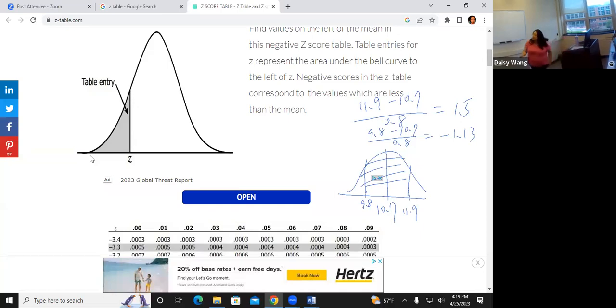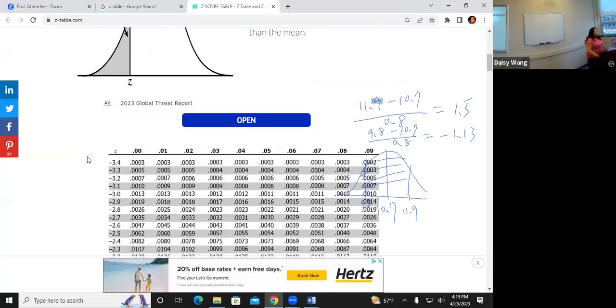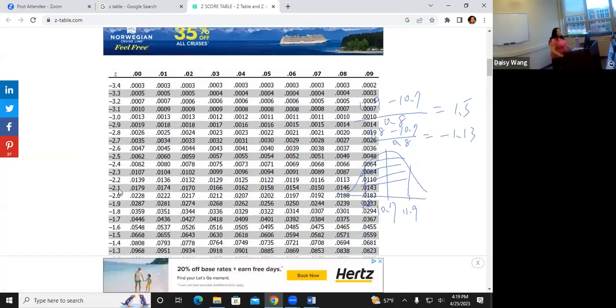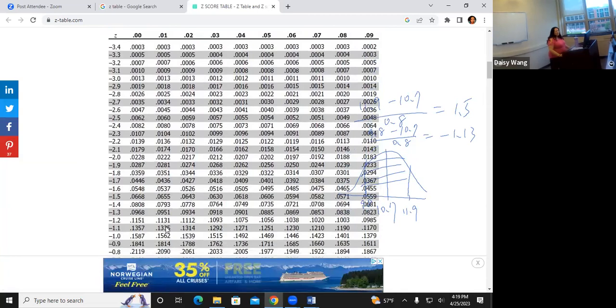So we find negative 1.13 first, which is negative 1.1 and then 0.03. Negative 1.13 is here, so it's 0.1292. Okay?